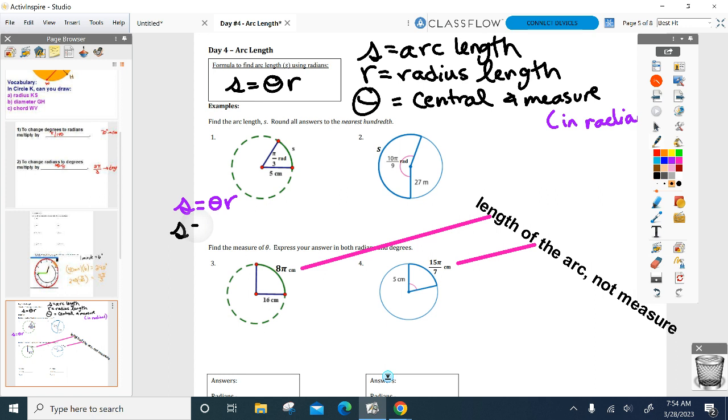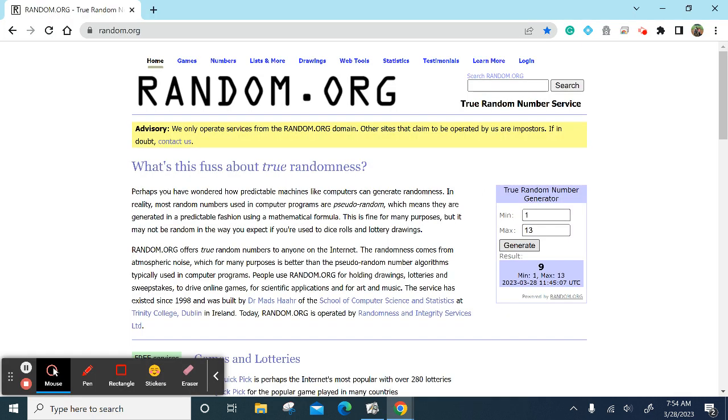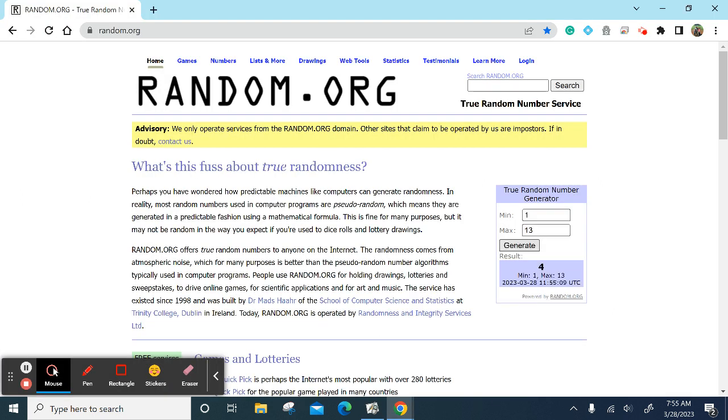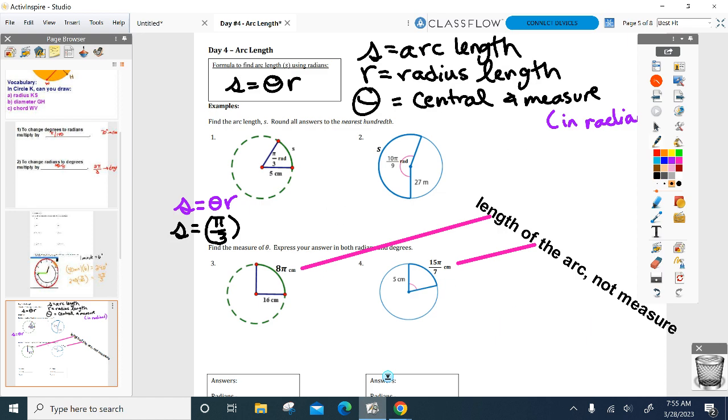So S, what's my angle measure now? Yeah, you're right, pi over 3. And it's in radians, so that's why I'm using this formula. And what's my radius length? 5 centimeters. So S, arc length, equals angle in radians times radius. And it says round to the nearest hundredth. So I go to my calculator, pi over 3 times 5.